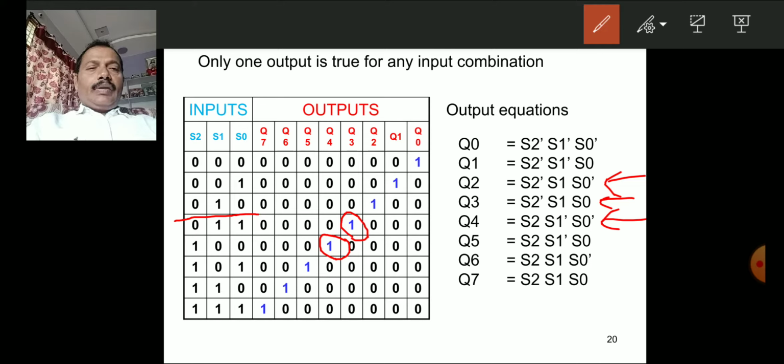Similarly Q5 is S2, S1 bar, S0. Q6 is S2, S1, S0 bar. Q7 is S2, S1, S0. Like this you have to build the SOP equations.